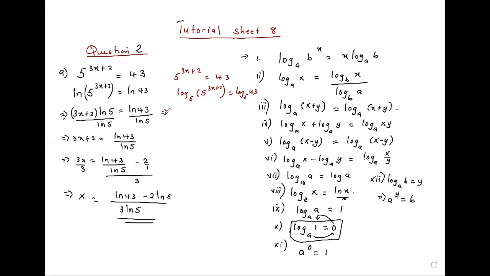Then drop the power, and we remain with (3x+2) log 5 5 is equal to log 5 43.